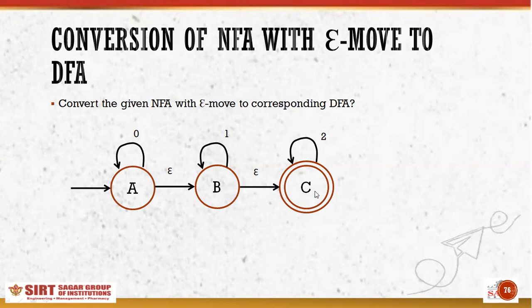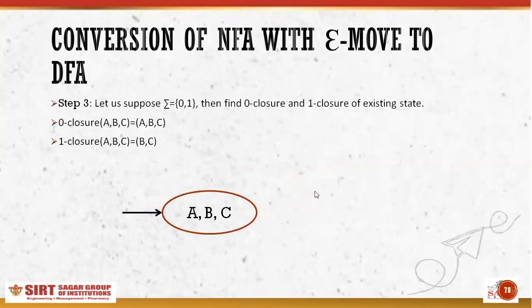So the answer will be B and C. The same thing is written over here, and similarly you will find the 2 closure of ABC, which will be equal to C.